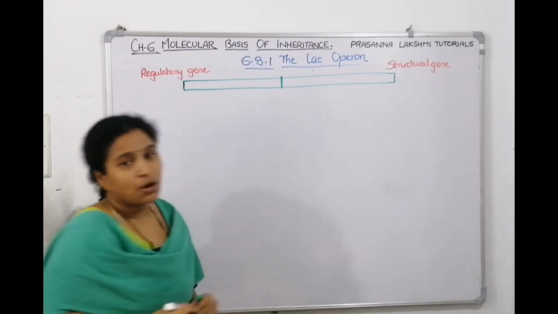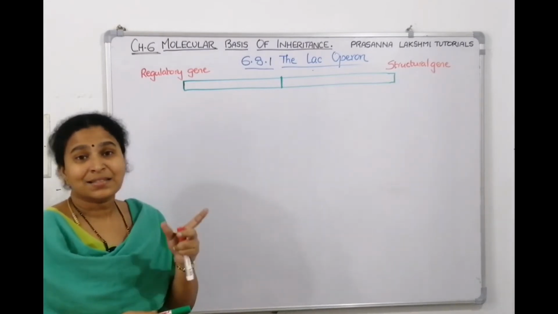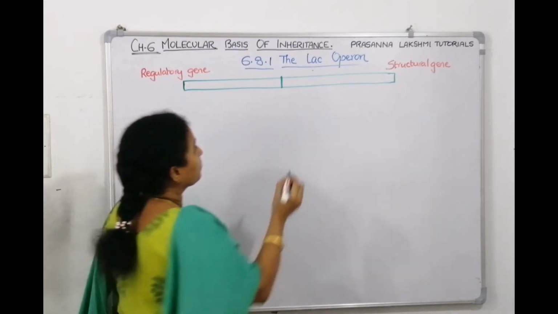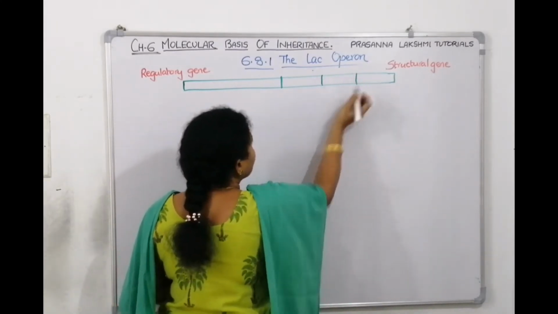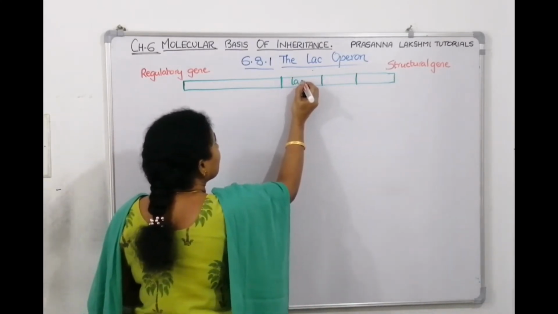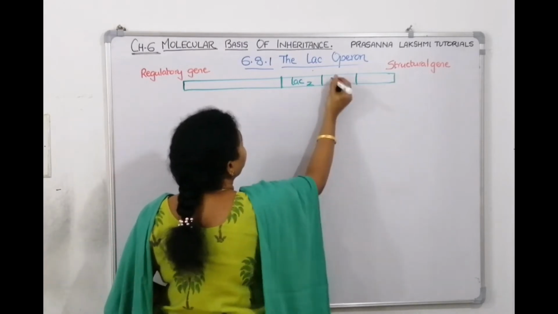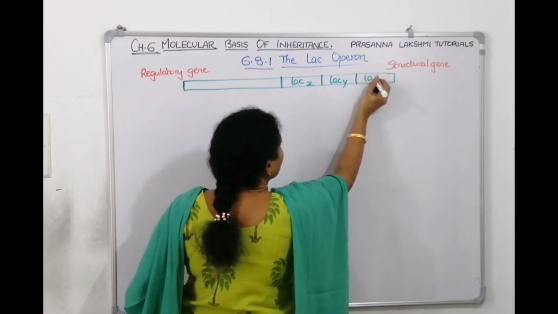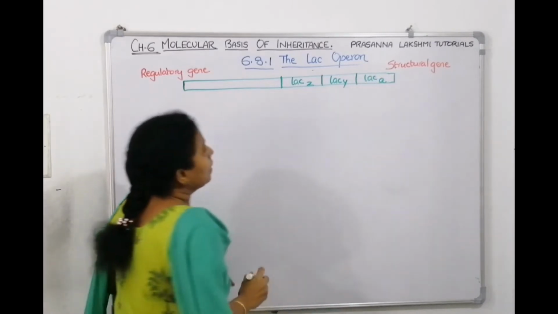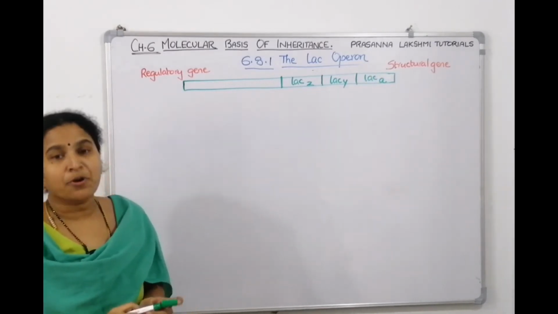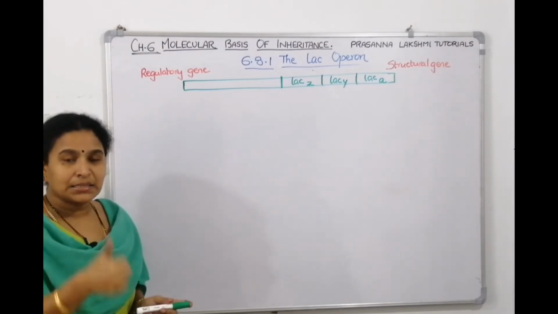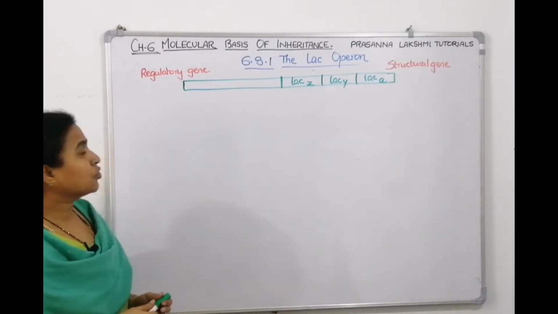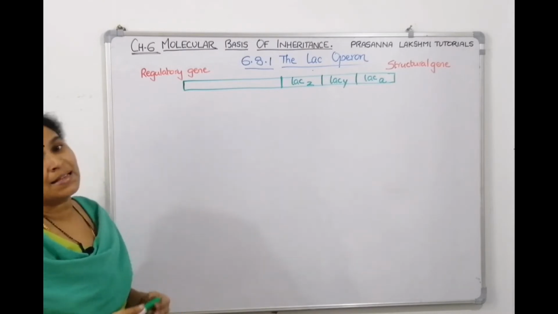Just now we saw that the structural gene has three parts, Lac Z, Lac Y, Lac A. Whereas the regulatory gene of Lac Operon also has three parts.